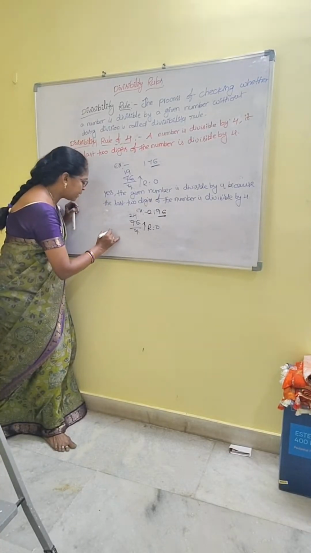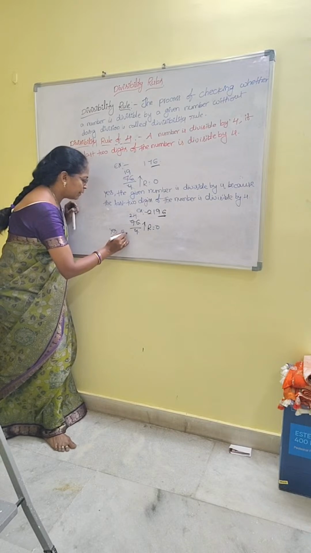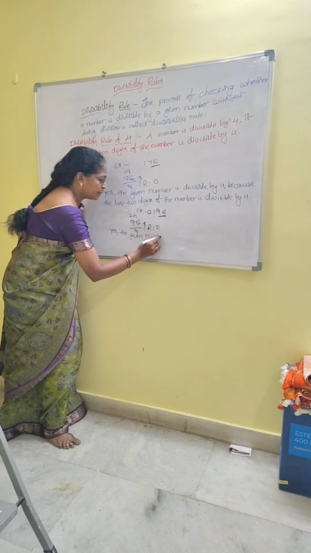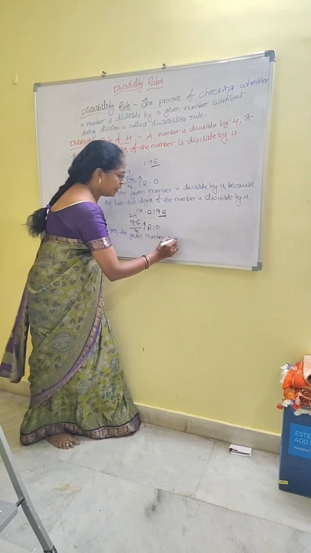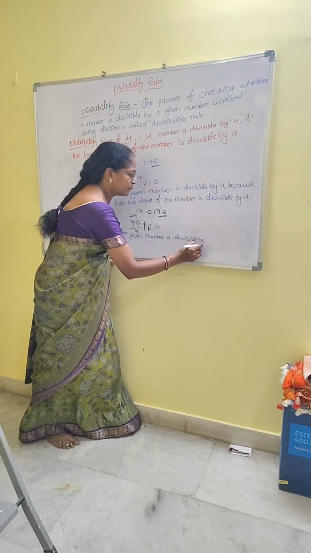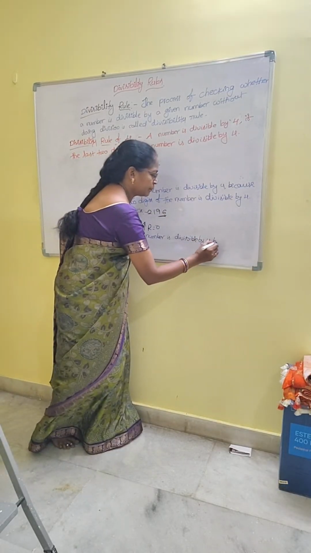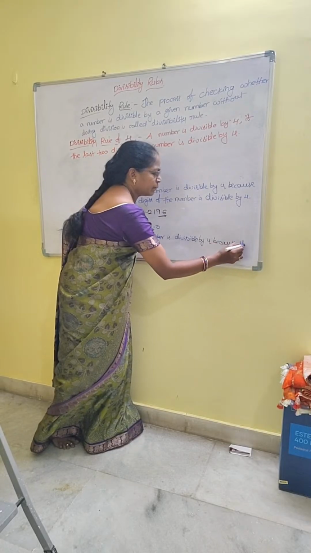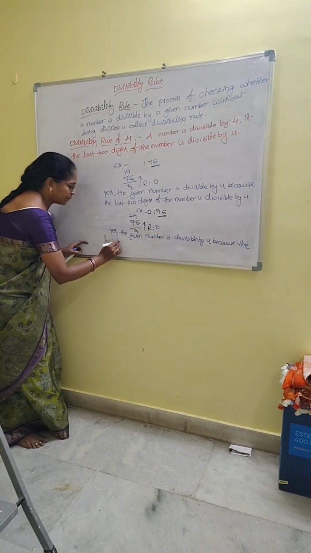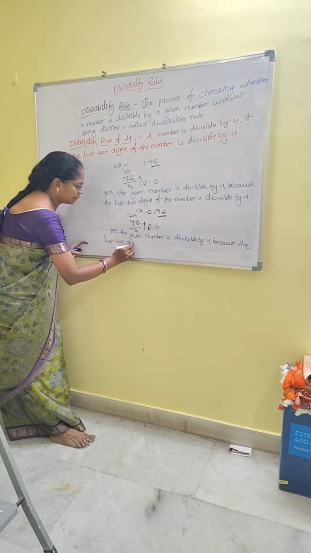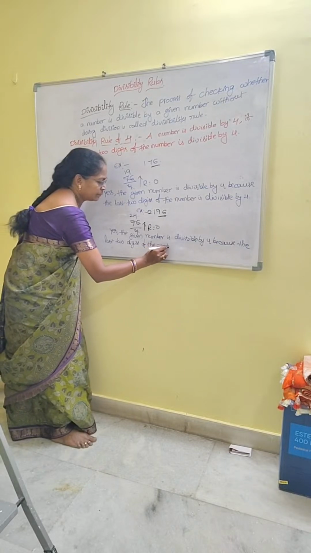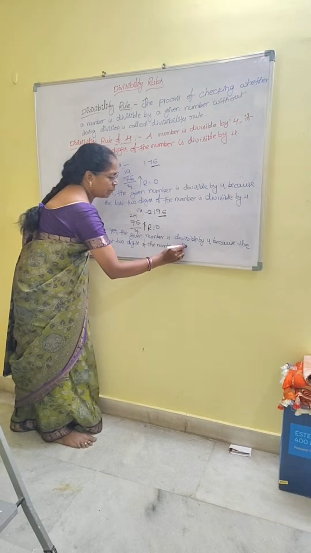Yes. Here what you can write: the given number is divisible by 4 because the last 2 digits of the number are divisible by 4.